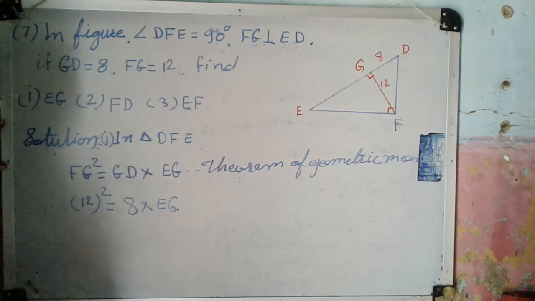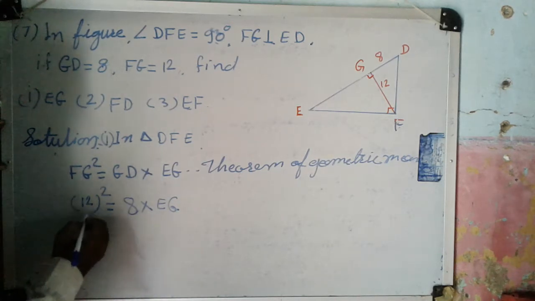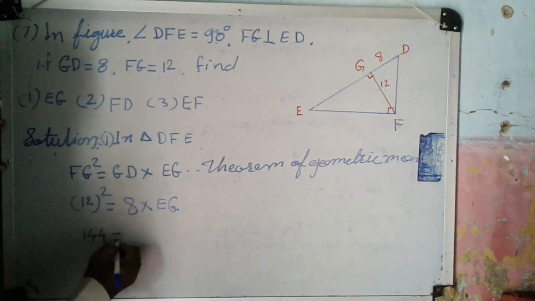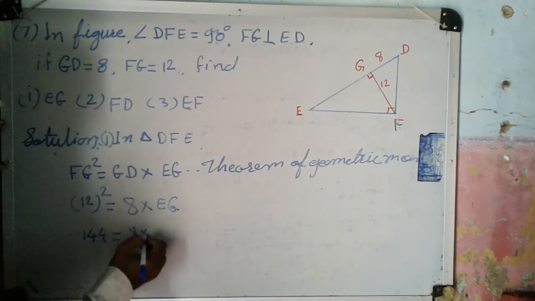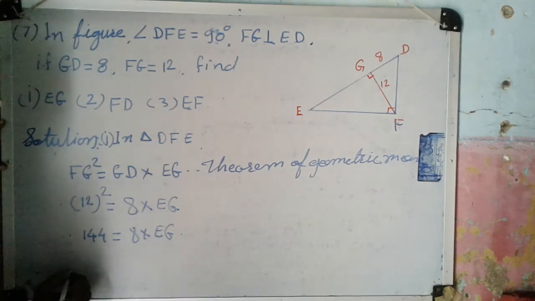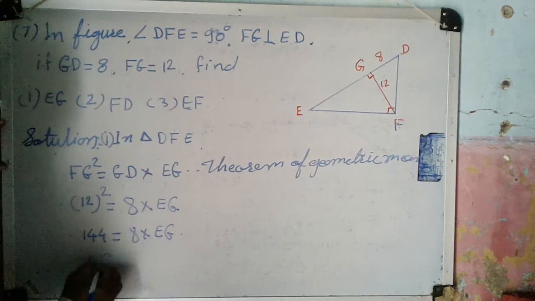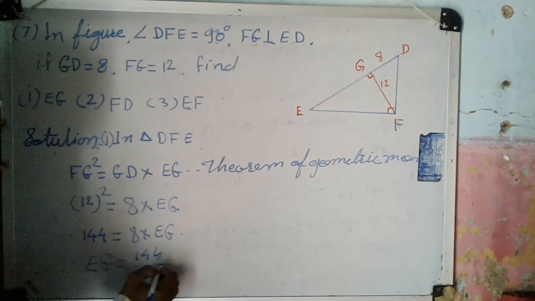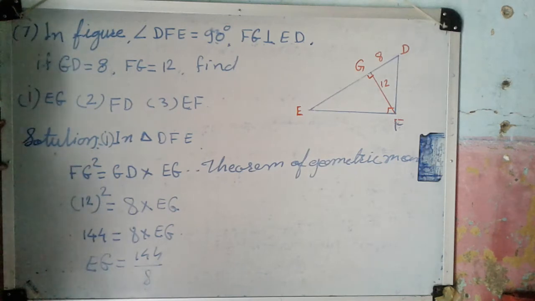Okay. Now 12 square we get here 144 is equal to 8 into EG. And therefore EG is equal to 144 upon 8.